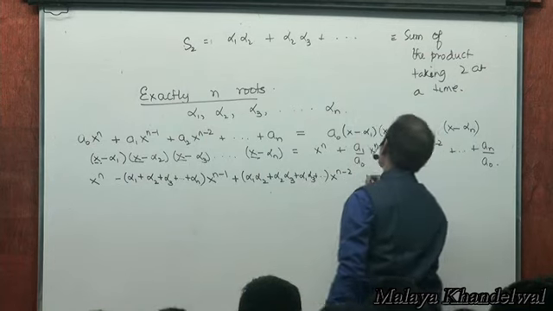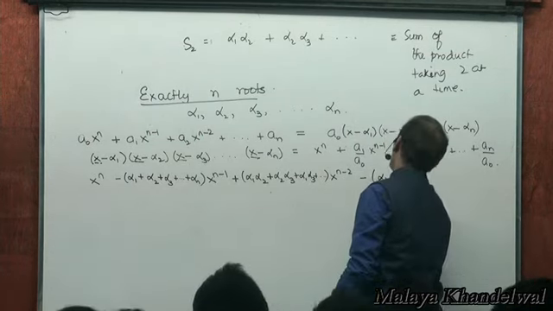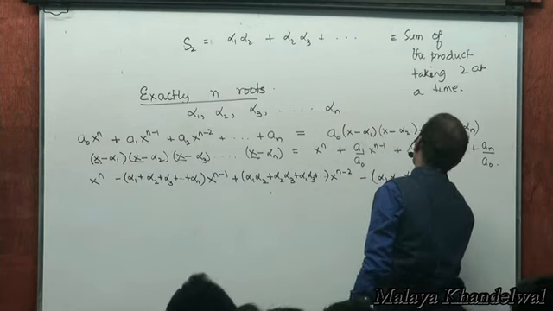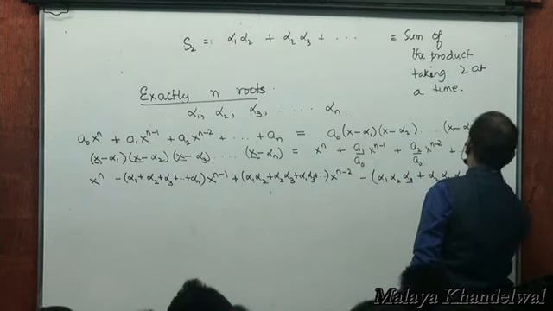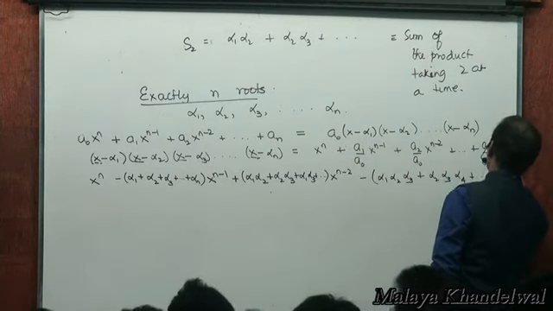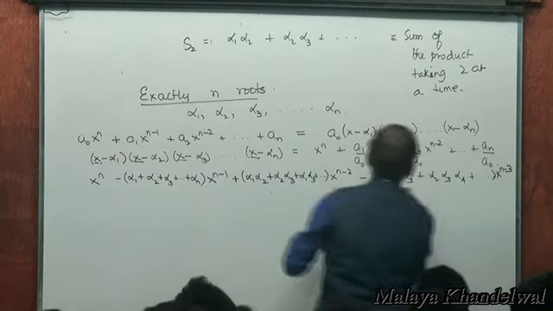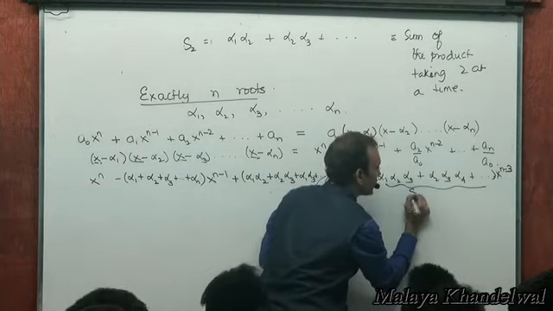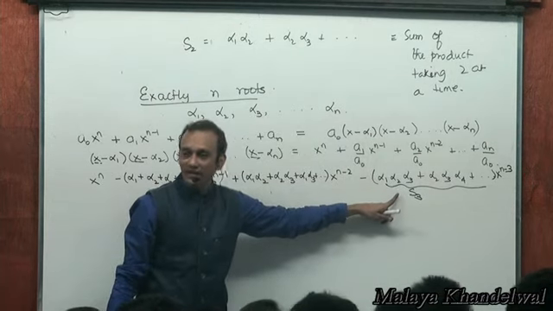Then the next one, similarly, please check for yourself, would be the sum of the product taking three at a time, alpha 1 alpha 2 alpha 3 plus alpha 2 alpha 3 alpha 4, with x^(n-3), which would be the sum of the product taking three at a time, S3. How many terms would be there in this? nC3 terms would be there in this S3.